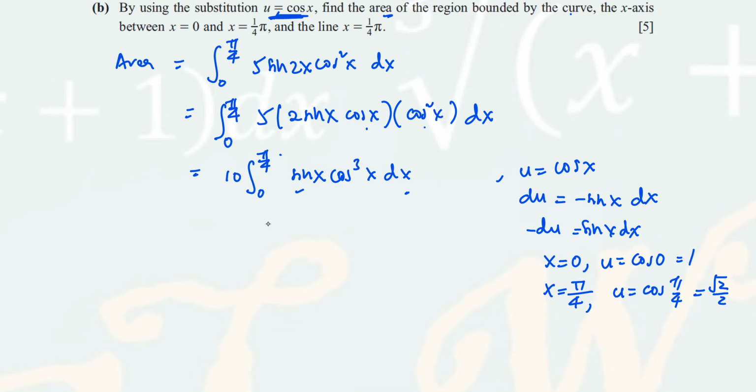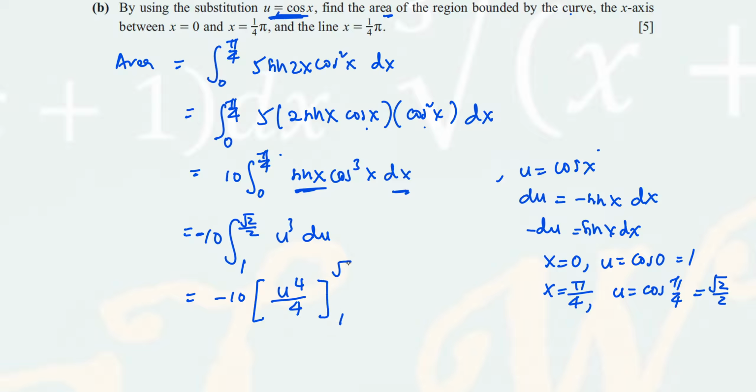Cos pi over 4 is square root 2 over 2. Okay, the question asking for area. So now here becomes 10 integrate from 1 to root 2 over 2. So the sine together with the dx will be changed to minus du. So minus du. The cos cube x will be u cube. So here I will get negative 10. Integrate u cube is u degree 4 over 4. Limits 1 to root 2 over 2.